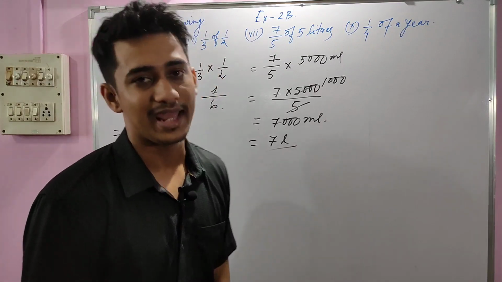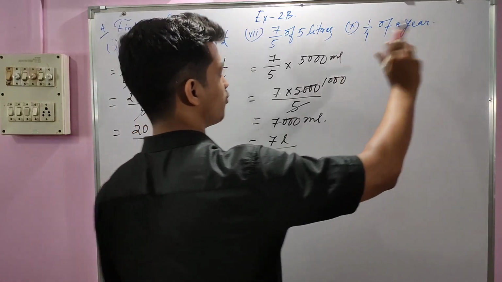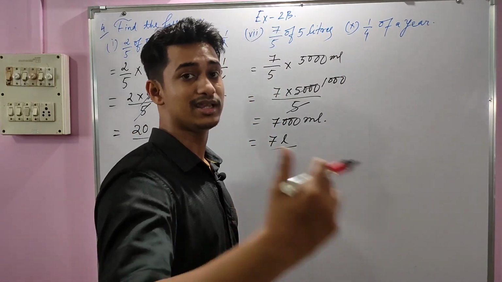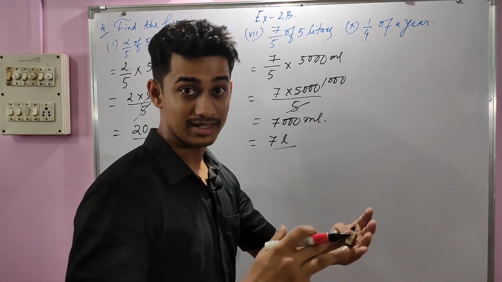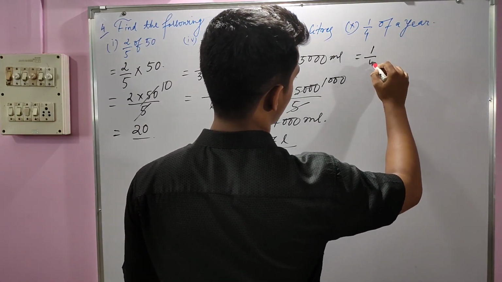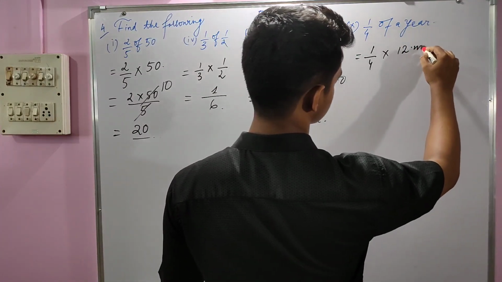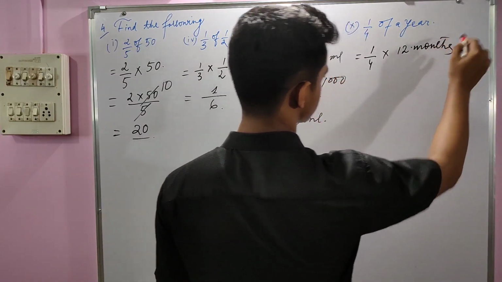Now let's see the next question. 1/4 of a year. So 1/4 of a year means what? The 1/4 portion of a year is how many months? In a year, how many months are there? That is 12. 12 months are there.